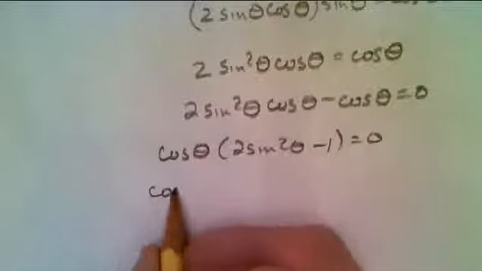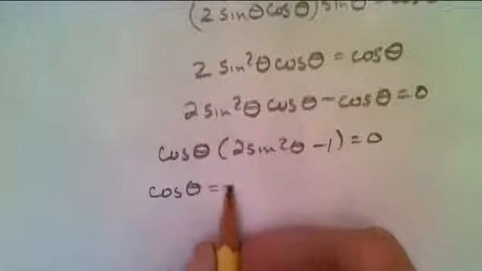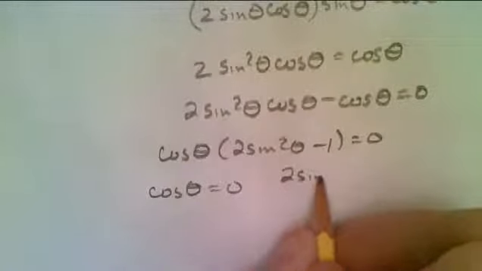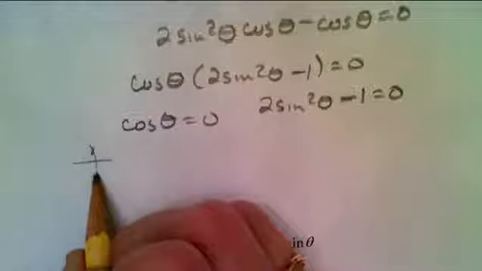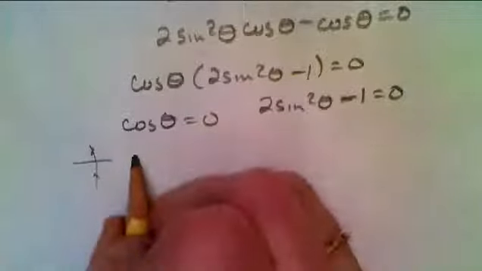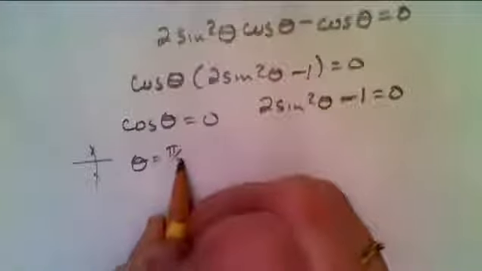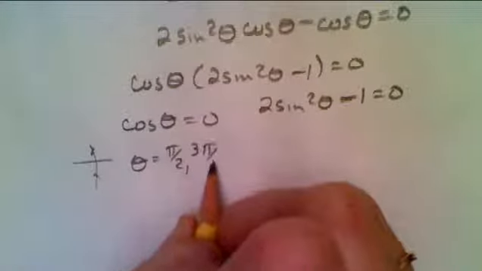Set each of those equal to 0. So I get cosine is 0, and that's going to happen. Cosine, the x value, is 0 up here and down here. So that's going to be at pi over 2 and 3 pi over 2.